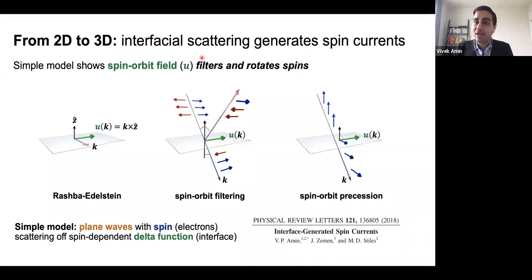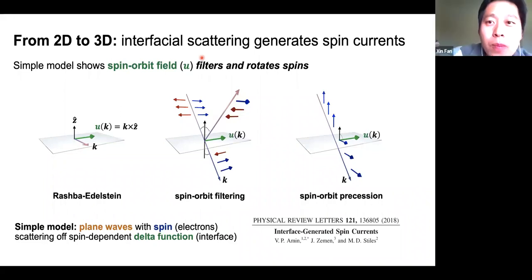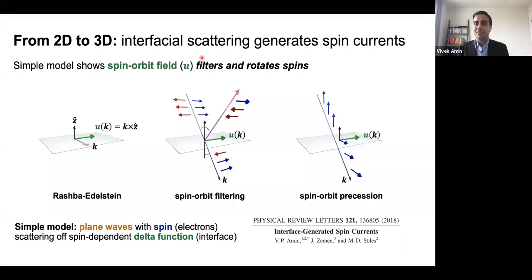So the question was which mechanism is most promising for applications. I would say that the spin orbit precession mechanism is promising for a particular reason: it can result in spin currents that have spin direction which is out of plane.